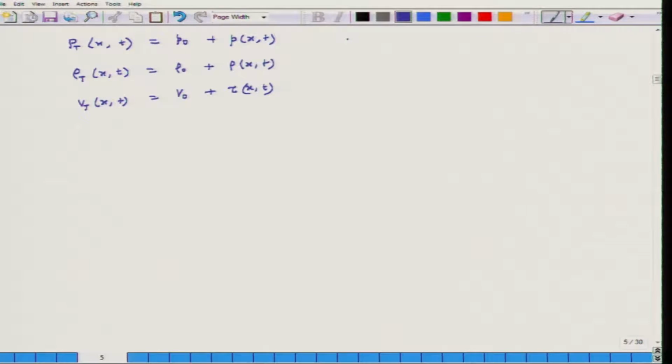That is why we are using tau, and then u(t) is equal to u naught plus u(x,t).